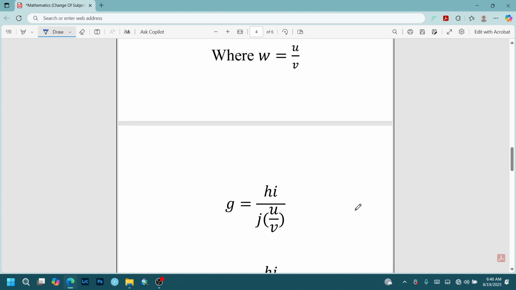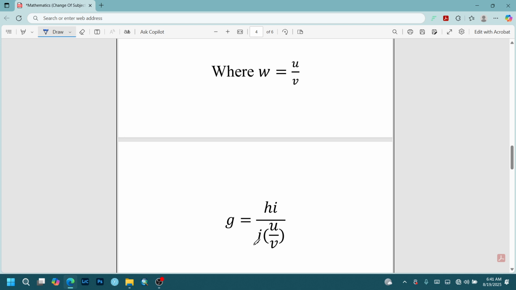So in simplifying it, this J has an invisible one here. Every number is divisible by 1, so this J has an invisible number. And when multiplying fractions, right, the numerator multiplies the numerator, the denominator multiplies the denominator. So J, which is a numerator, will multiply U, which is a numerator. 1, which is a denominator, would multiply V, which is a denominator.